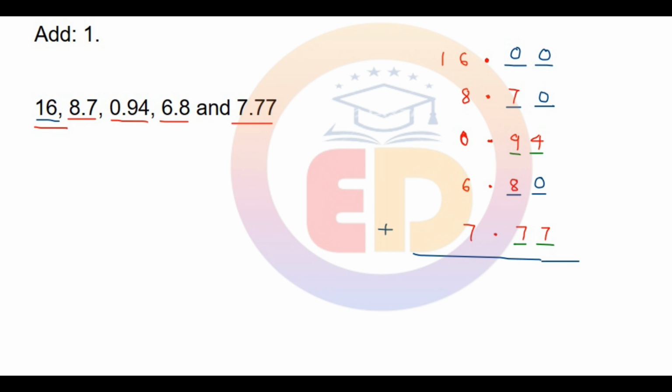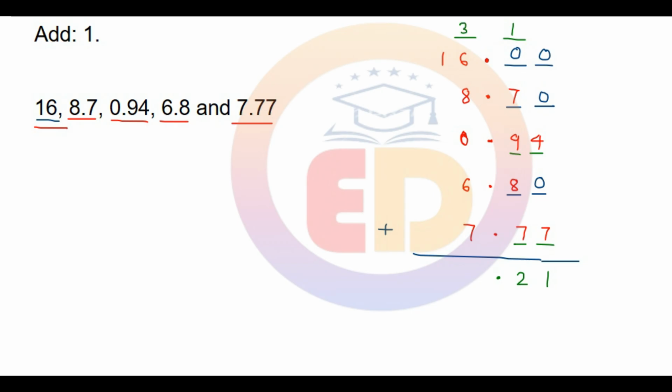Let's add them. Addition is simple. 0 plus 0 is 0, plus 4 is 4, 4 plus 7 is 11, write down 1, carry 1. 1 plus 7 is 8, 8 plus 9 is 17, 17 plus 8 is 25, 25 plus 7 is 32, I will write down 2, I will place a decimal point, I will carry this 3 here.